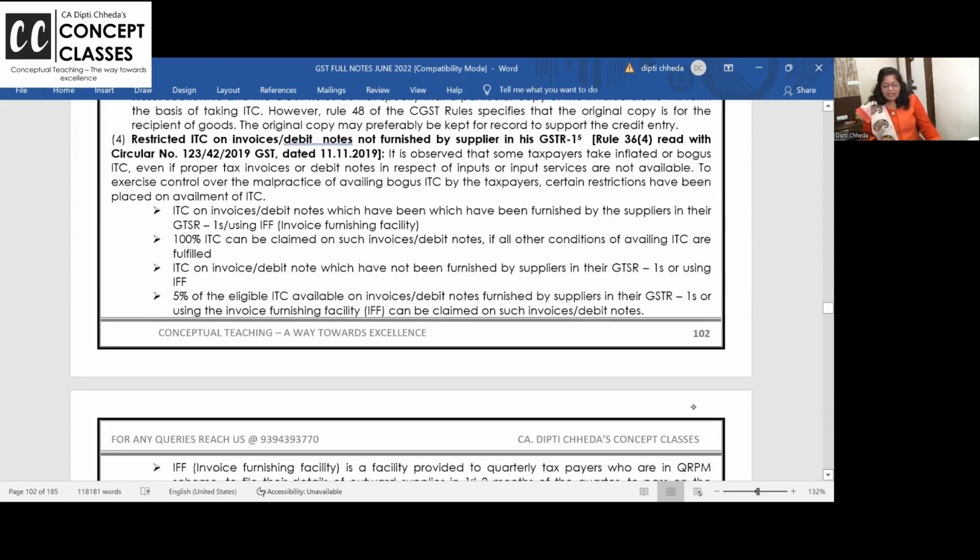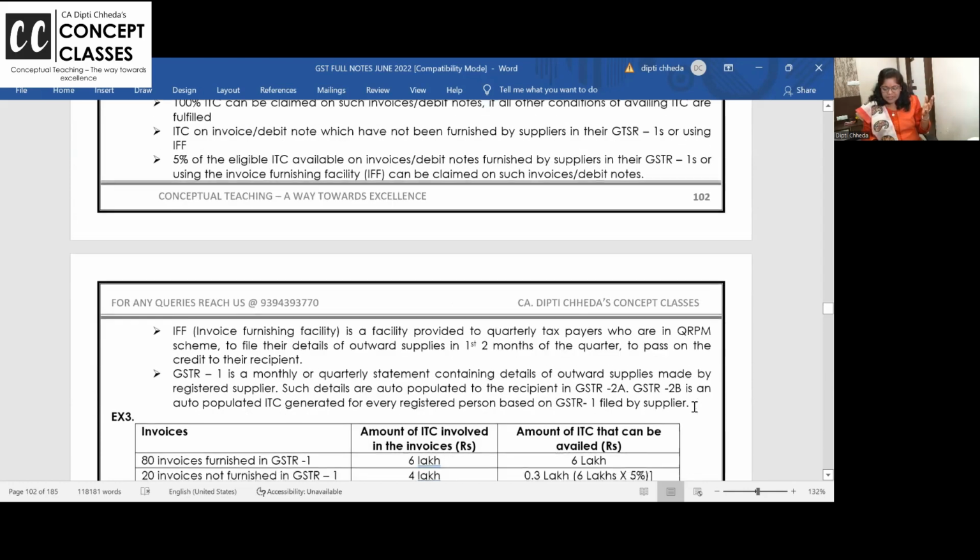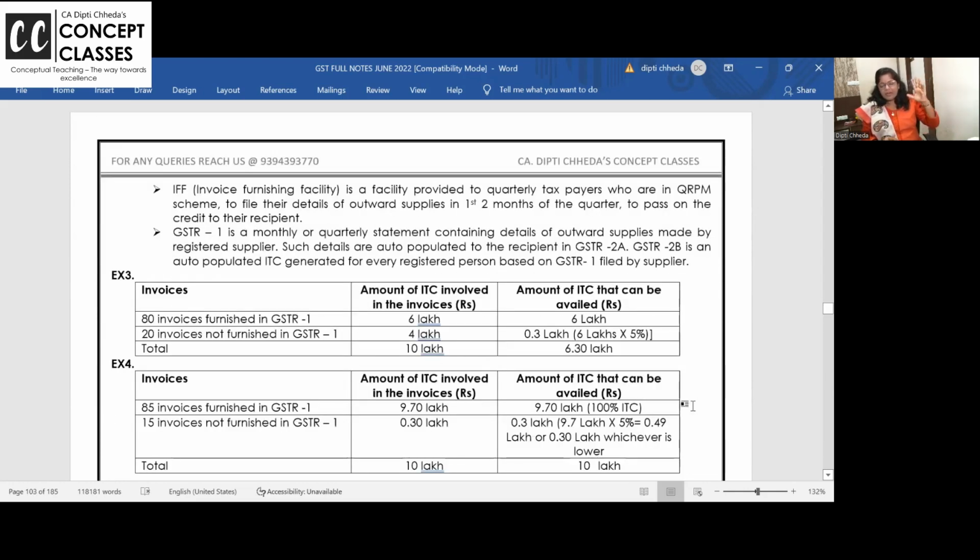When you receive the invoice, you can avail ITC, but one exception is that if you have received the goods but the supplier has not taken some invoices in their GSTR1 return, I can avail the credit only 5% of what they have taken. 80 invoices they have taken. They means who? Seller. He showed 6 lakh tax and filed it, so I got 6 lakh rupees of ITC. 20 invoices he didn't furnish.